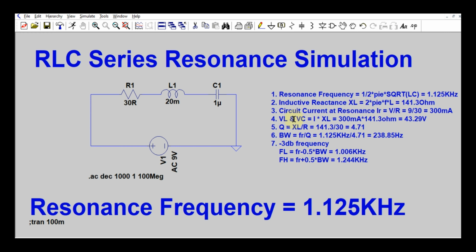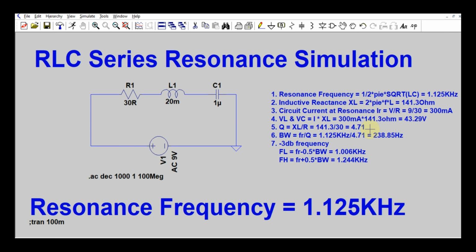For the moment, if you want to calculate the voltage across inductor, it is given by I into XL. You have the value of I, that is 300 milliampere, and the value of XL, that is 141.3 ohm. You multiply 300 milliampere by 141.3 ohm and you will get 43.29 volt. I will show you this value in the simulation.